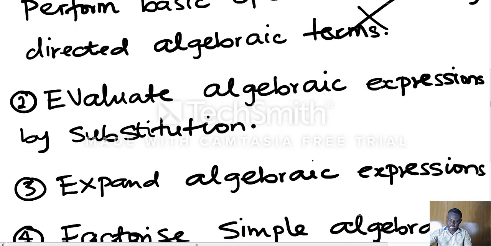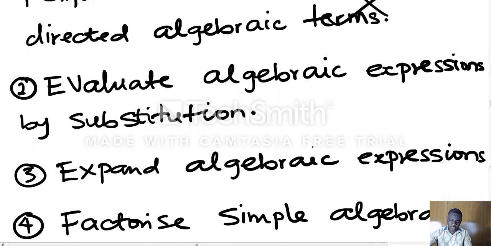At this class, we were able to deal with substitution, where I showed you how to substitute the values of the variables in an expression or in a given term to get the corresponding expression in numerical form. So we have been able to deal with this precisely, and I hope by the end of this class, you were able to solve all questions as regarded to substitution.